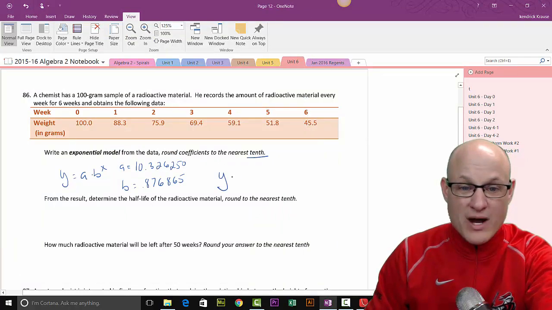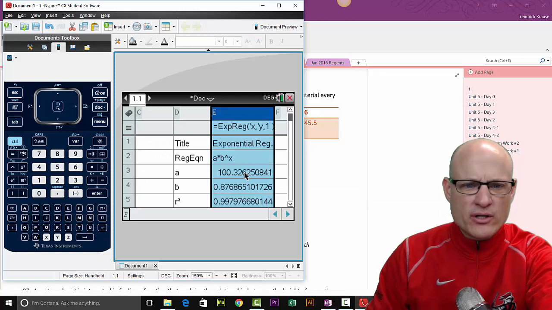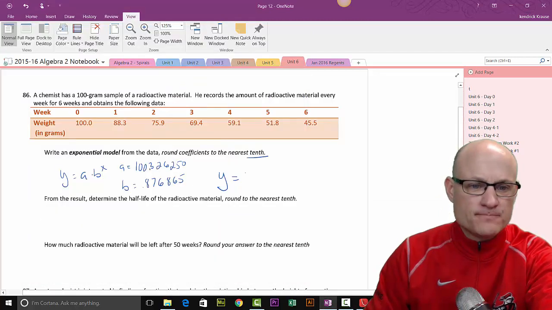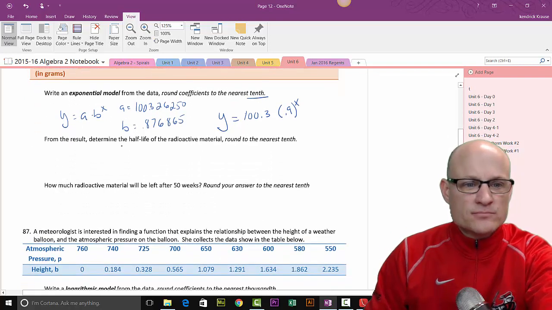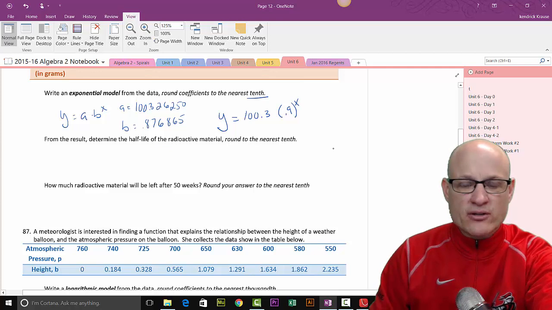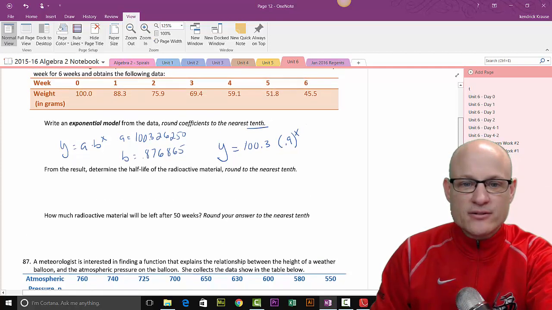So my equation, y equals, wasn't that 100? Oops, that should have been a 100. So y equals 100 times 0.9 to the x. The question says, determine the half-life of the radioactive material found to the nearest tenth.